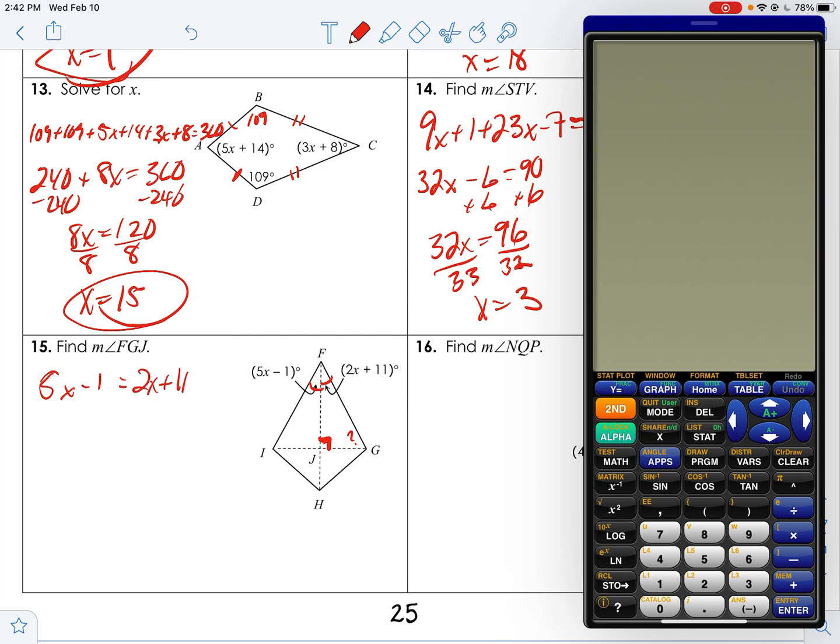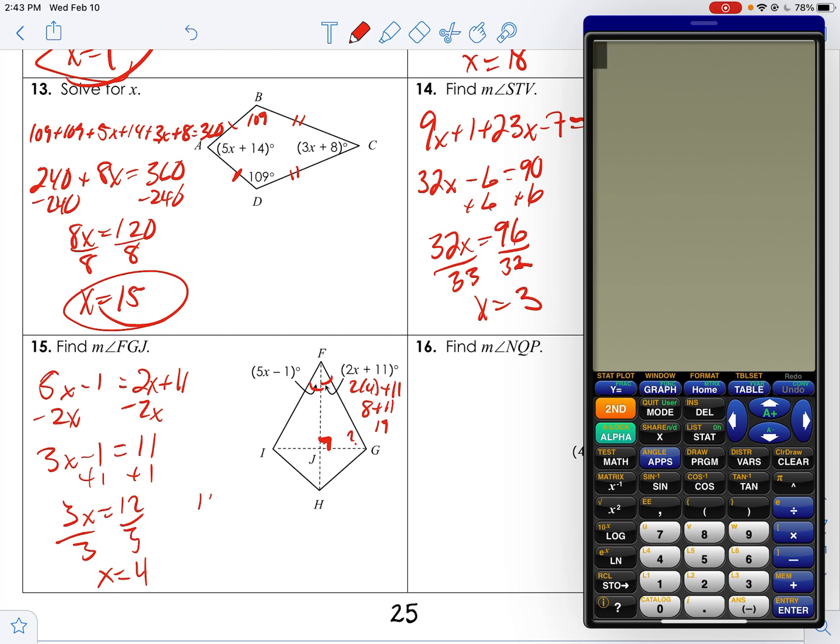So if we do 5x minus 1 equal to 2x plus 11, subtract the 2x, 3x minus 1 equals 11, add 1, 3x equals 12, divided by 3, x equals 4. I don't need x, but I've got to plug it in. So 2 times 4 plus 11, 8 plus 11, 19.